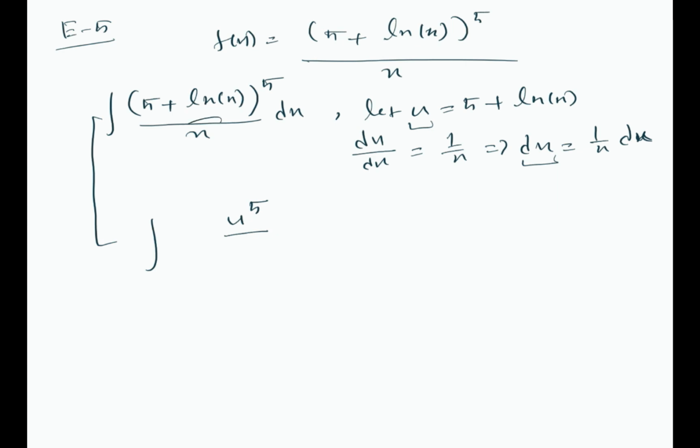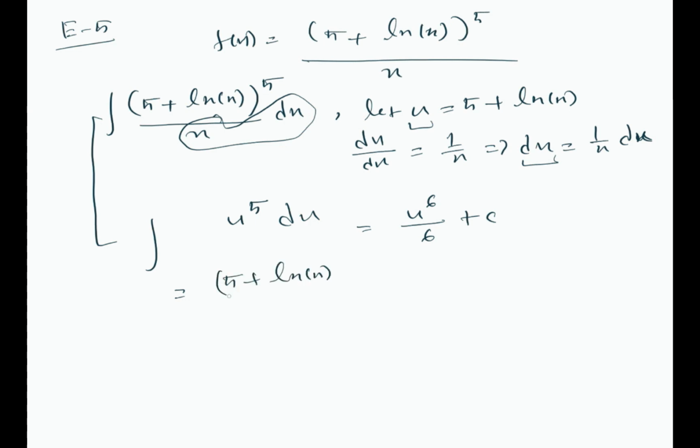So this part is equal to du, right? Then I can write it according to the power rule of integration, u to the power 6, 5 plus 1 is 6, divided by 6 plus c. So if you substitute the value of u, then you will get (5 plus ln of x) all to the power 6 divided by 6 plus c.